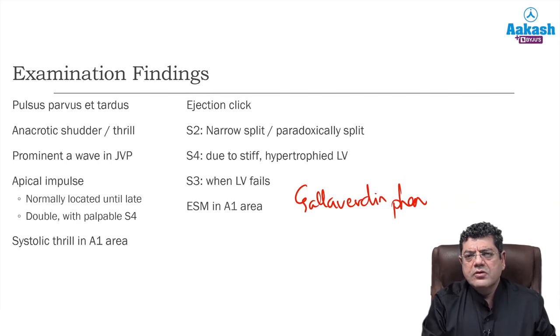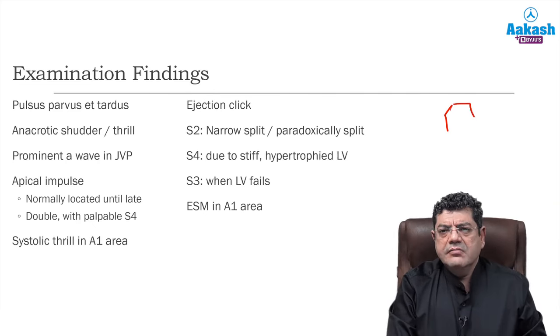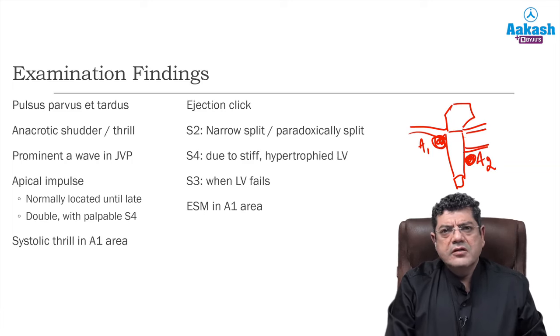As you go down, that's the manubrium, the sternal body with the xiphoid process, and that's the second intercostal space. If this is the A1 area, then this is the A2 area, or the Erb's area.